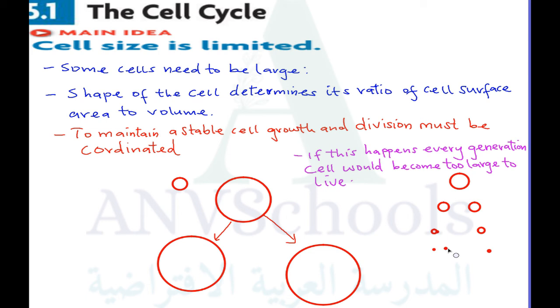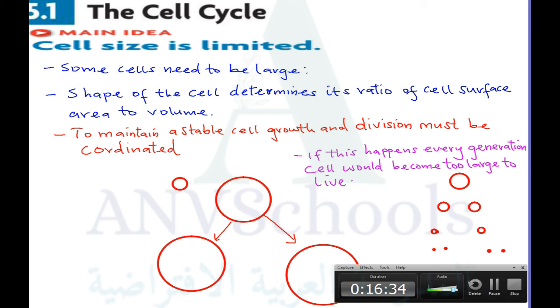Then this would be a big problem. So we mean that the cells should remain stable in terms of size rather than changing alternatively.